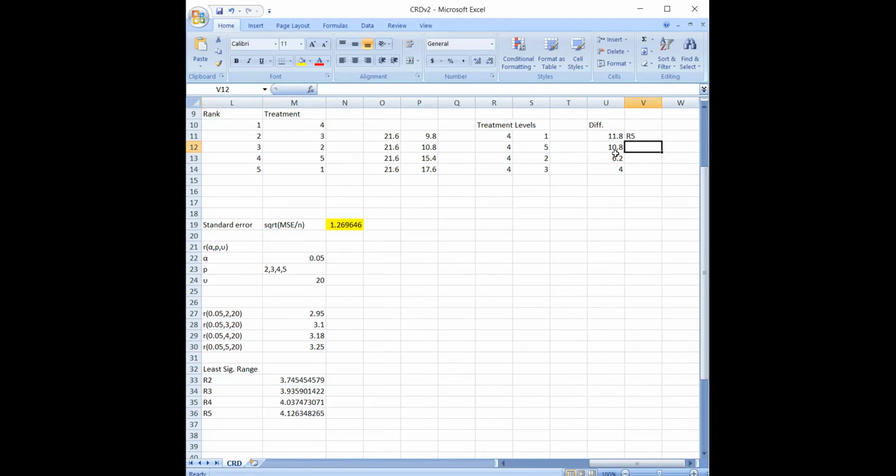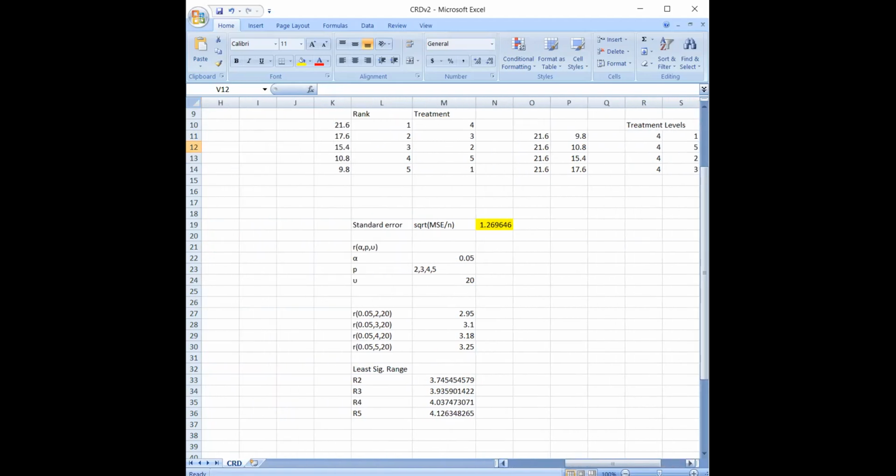If you check treatment 4 and treatment 5, here treatment 4 is here, treatment 5 is here. In between, you have only 2 mean values. That is, p should be equal to 4.